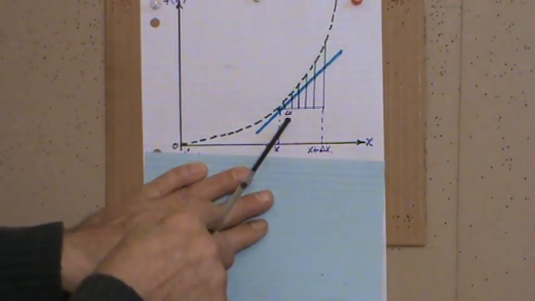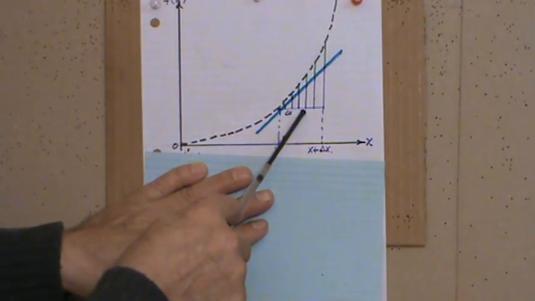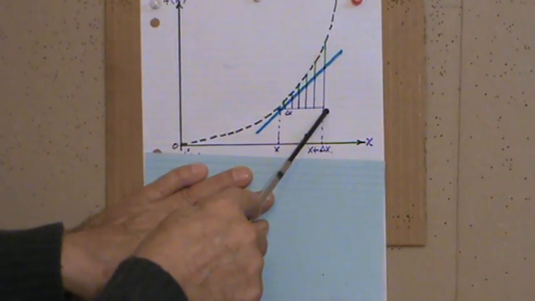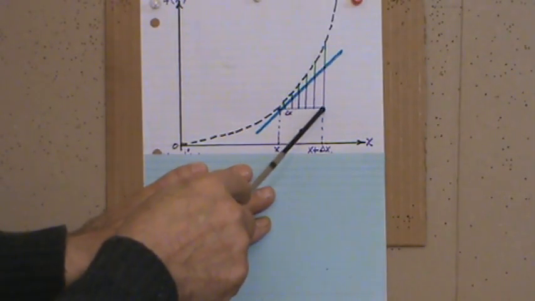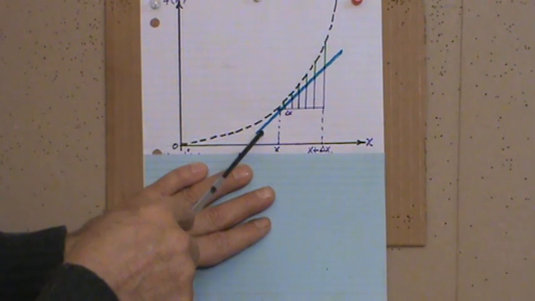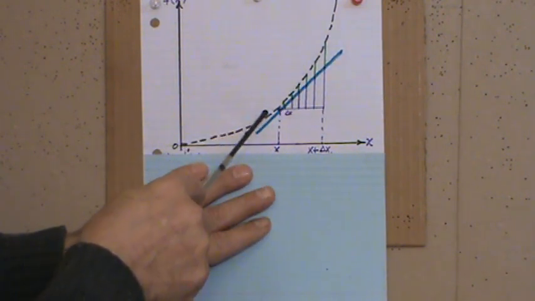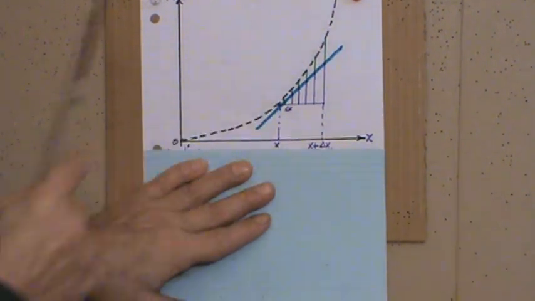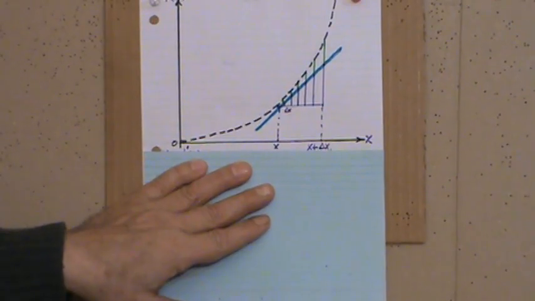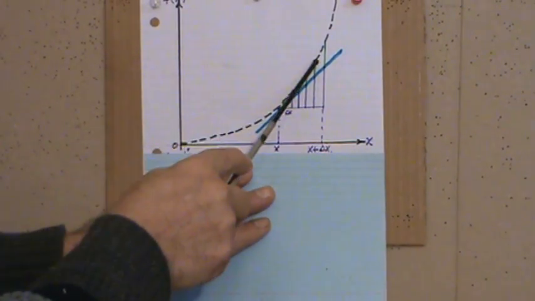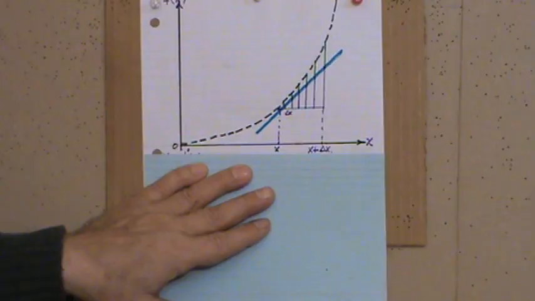Now notice that as we go away from the point of tangency, the gap between the tangent line and the graph of f of x increases. You notice that the gap is increasing. Now, as we approach toward the point of tangency, the gap decreases.